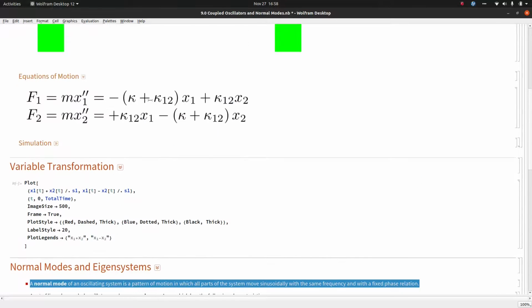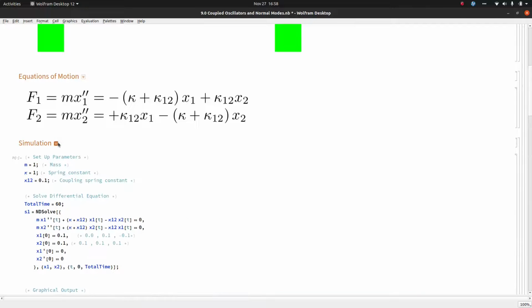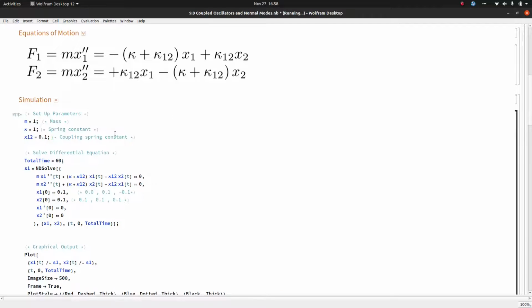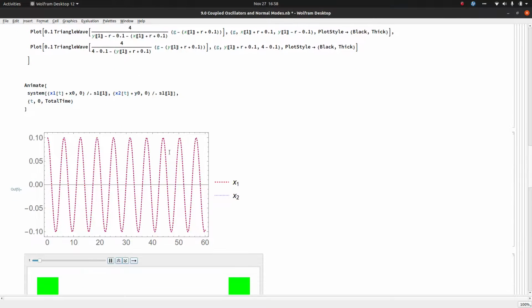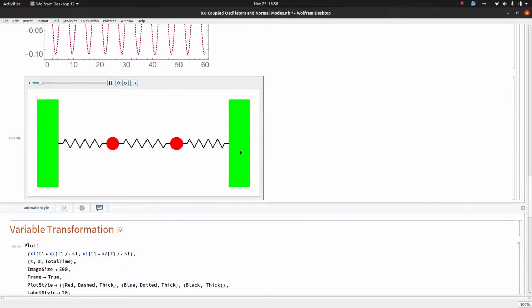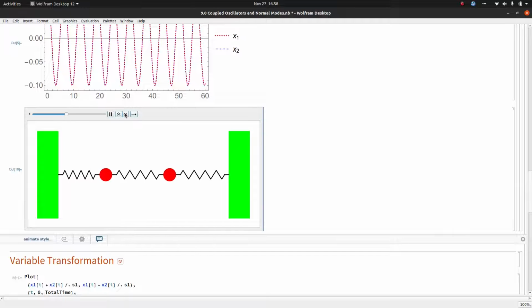So what that means, if I go back to our simulation, is that if I look at the motion of our oscillator here, both of these masses are moving in phase, and they're moving with the same frequency.